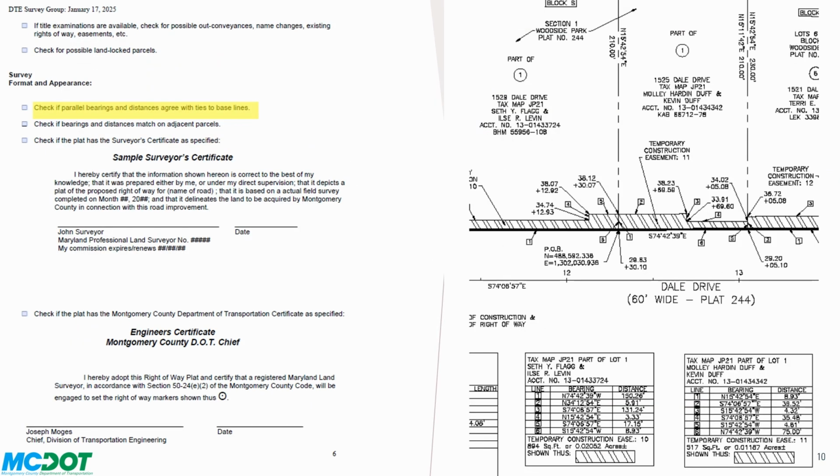It is important that parallel bearings and distances agree with ties to the baseline as well as on adjacent parcels. This consistency will help prevent confusion among non-survey professionals using these plats to draft legal documents, as well as with negotiating landowners.